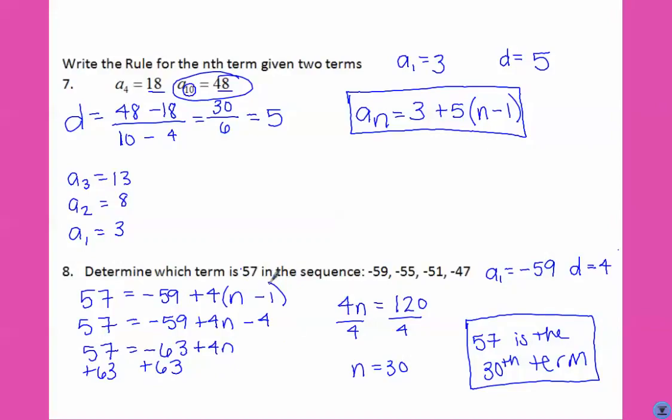If you didn't want to do all that work, you could keep writing the pattern all the way till you got to 57 and count how many terms there were and determine that it was the 30th. But I mean, this was 30th. That's not that bad to write out another 26 terms, but that work's not going to be fun if it's like the 90th term.